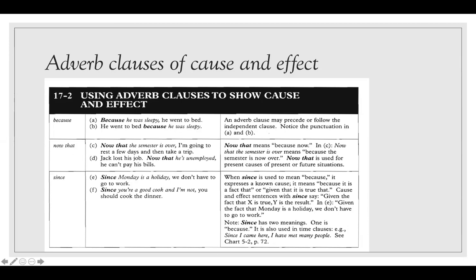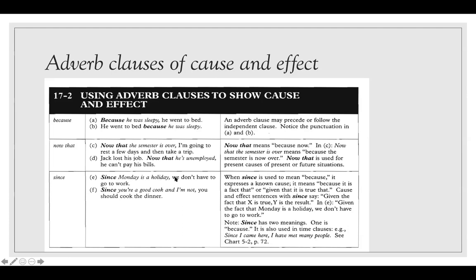That second definition is more similar to now that. So you can say, since I came here, I have met many people, except that since I came here doesn't refer to something in the present. It can refer to something from the past. So it can be used to express time or express a fact and the cause and effect.